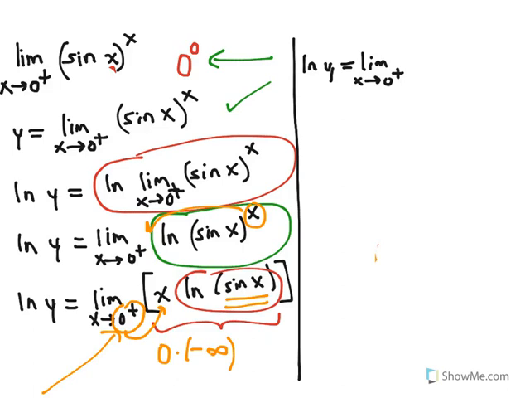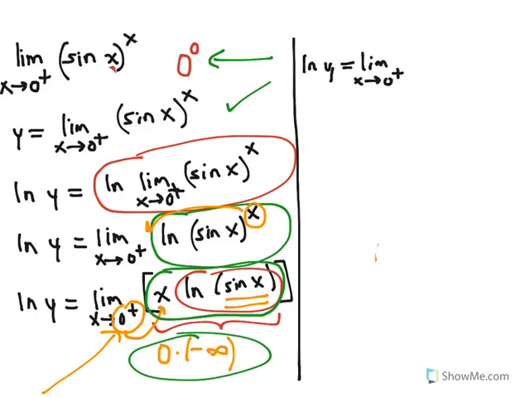So the question that we have is this: is there a way in which I can rewrite x times natural log of sine x in an algebraically equivalent way that would give me a different indeterminate form when I try direct substitution? There is, and here's how you're going to do it.